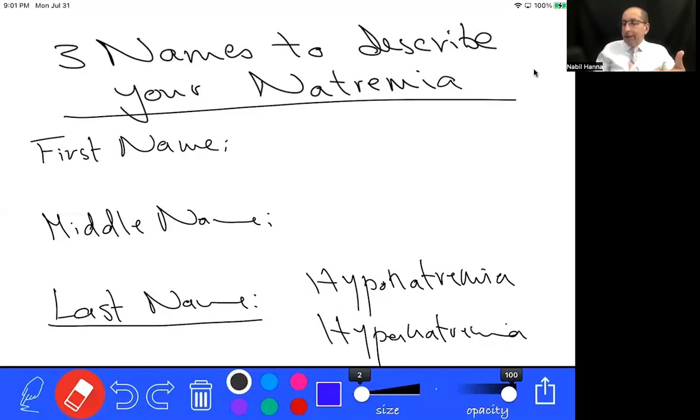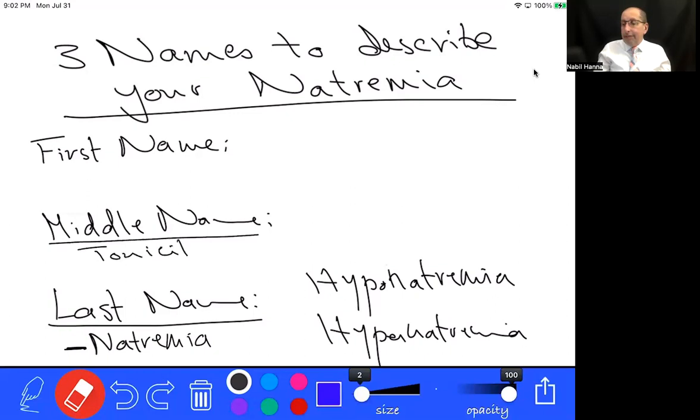So the last name is your natremia, your sodium concentration in the blood. The middle name is the tonicity. And the middle name is the least important.